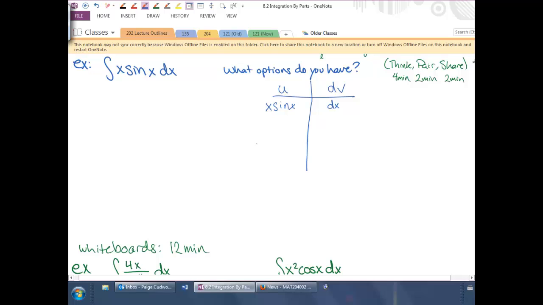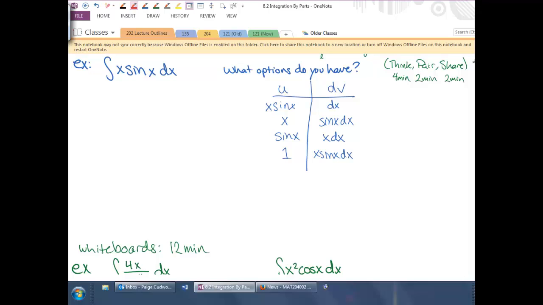The next option we could have is one piece in each, so maybe an x and a sine x dx, or a sine x and then an x dx. And then the final option would just be to have sort of nothing in the u and have the whole thing in the dv. So those are all the possible options we have for u and dv.